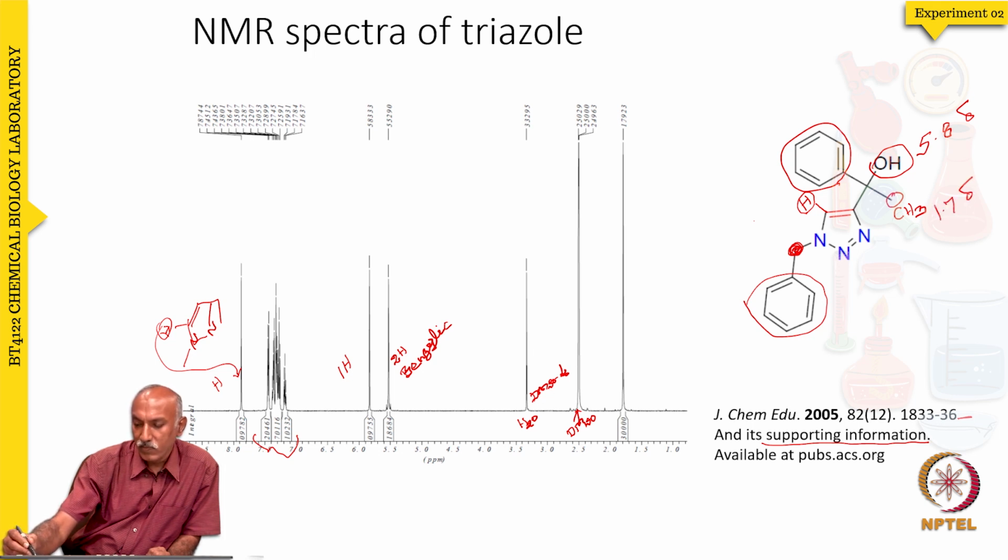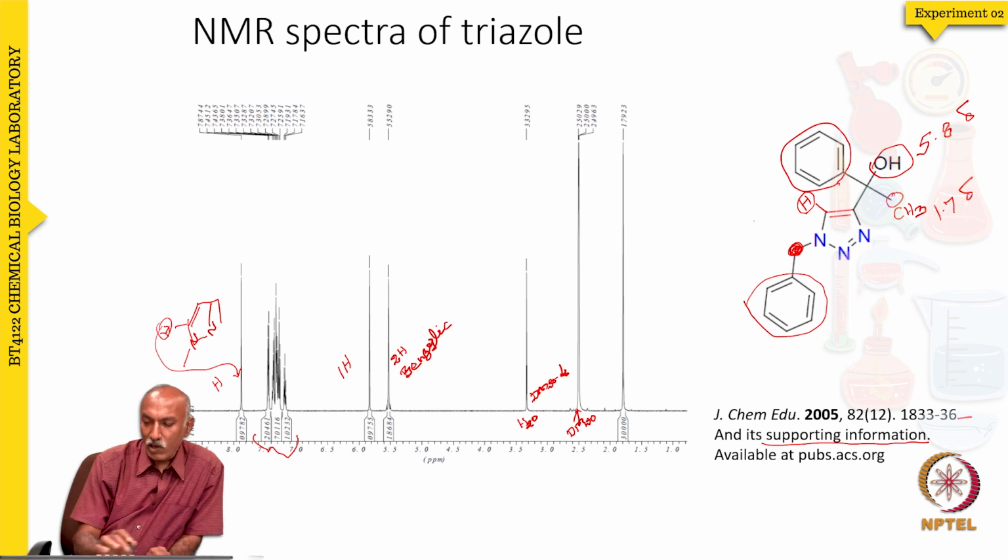1.7 delta. So, now you have accounted for all the hydrogens. The aromatic hydrogens, 10 of them, come between 7 to 7.5, and the triazole hydrogen comes around 8, about 1 hydrogen.